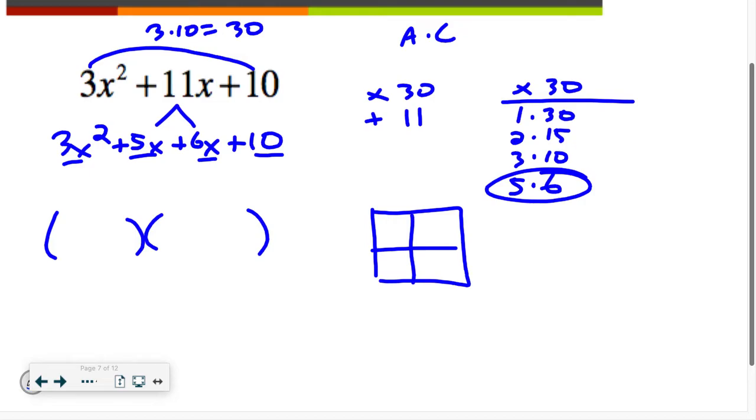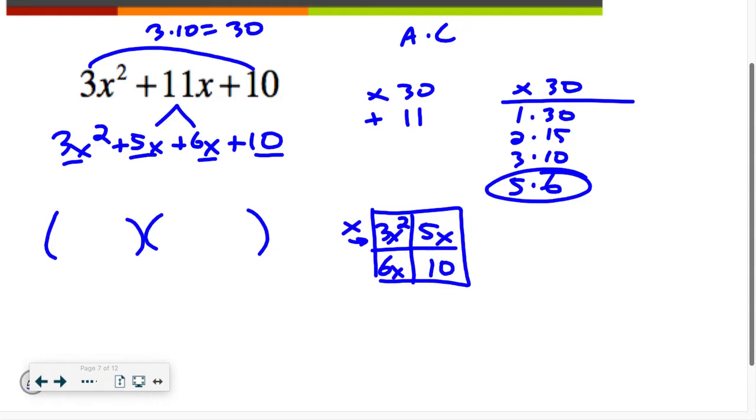But in this case, because I'm factoring, I'm going to fill out the insides: 3x squared, 5x, 6x, and 10. So now when I look through here, I need to look in one direction. 3x squared and 5x, what is a greatest common factor for both of those? Just an x.